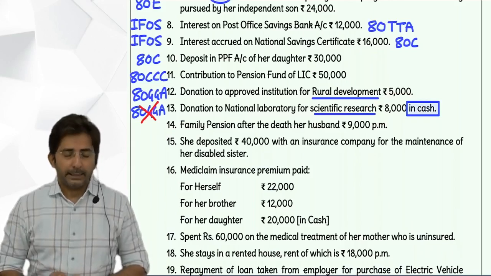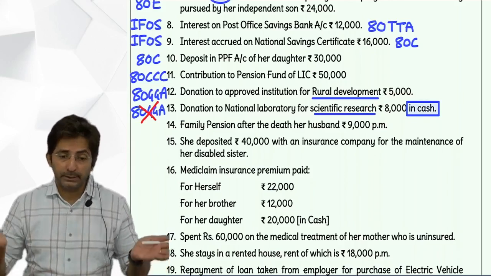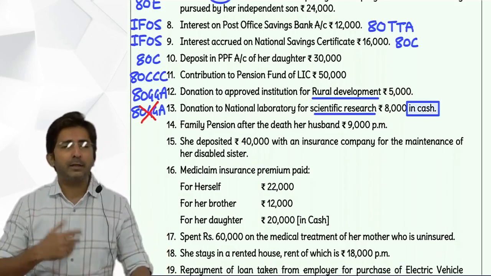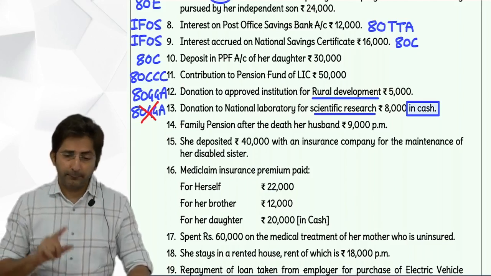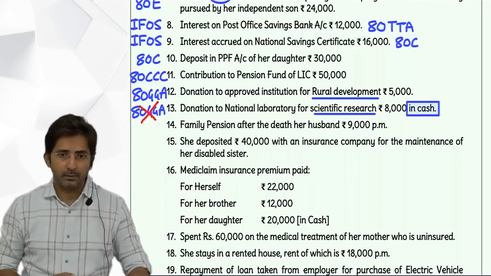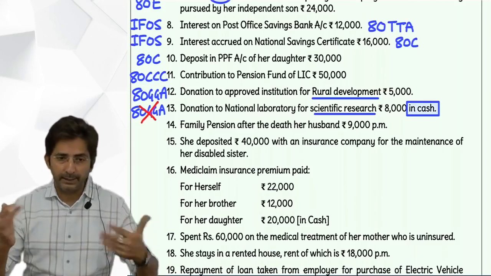Had you given only 2000, that's okay. But you have given 8000, so it should be by cheque or online payment or GPay, Paytm, etc., but not cash. And if cash, then it is completely disallowed. Don't think that to some extent we can take. No, it's completely disallowed.